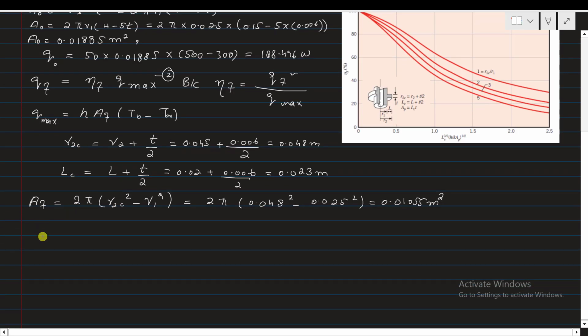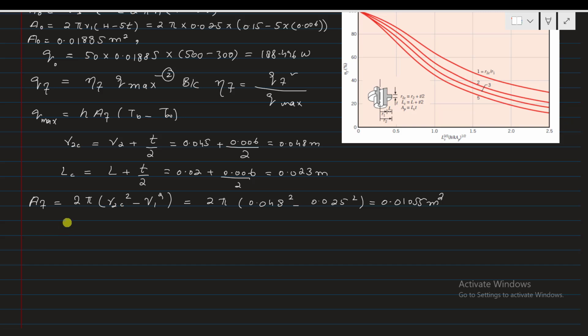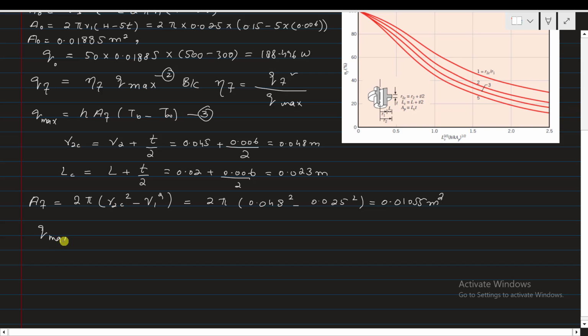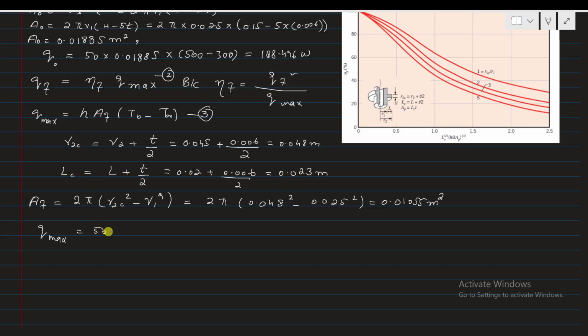Okay, now next just put the surface area in this equation to find the maximum heat transfer by the fin. So Q max is equal to h. h is 50, and then surface area, that is 0.01055, and temperature difference, that is obvious, 500 minus 300.